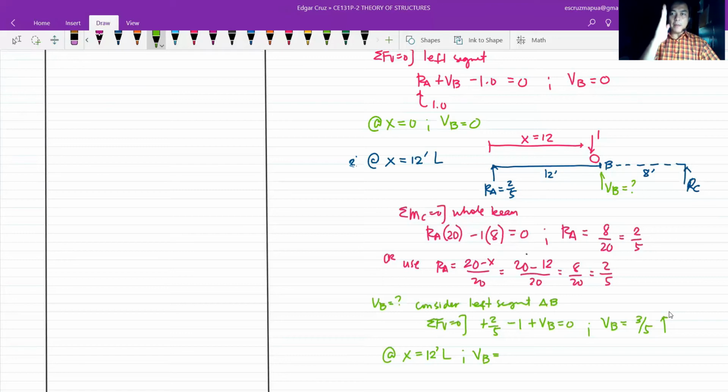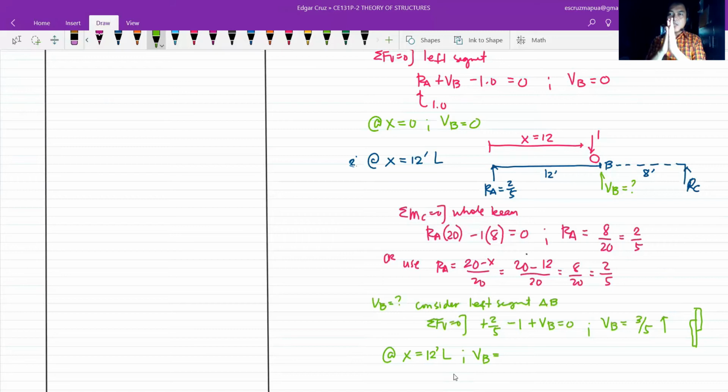Tapos diba ang kinonsider natin left segment. Ito yung kaliwang kamay ko, left segment. So tapos yung shear sa B pataas. Pagka ganyan yung shear, ano siya? Positive or negative? So ano ang sign convention natin dyan kapag ganyan yung shear?